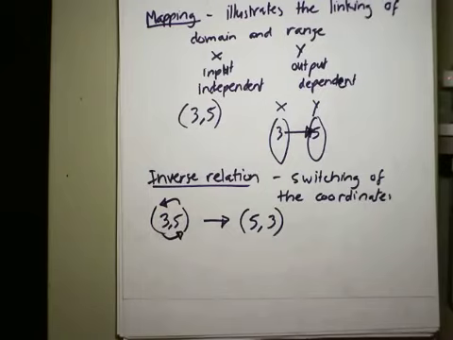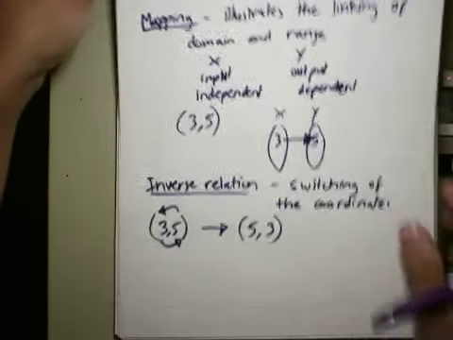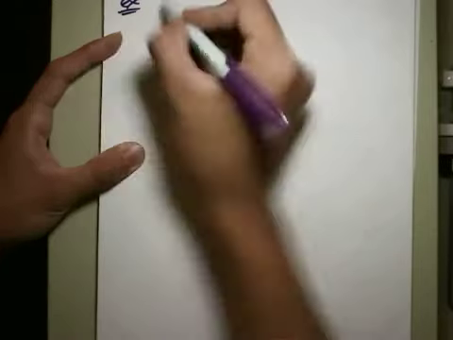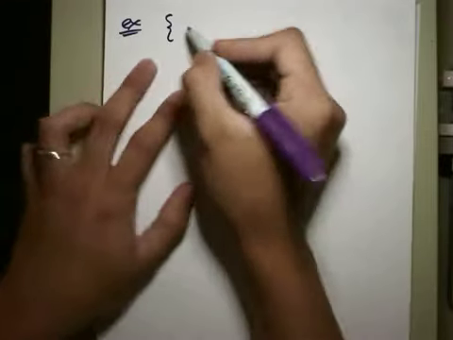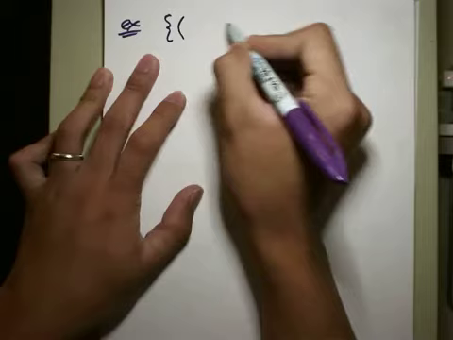So let's go through with a couple examples to show you what it should look like. Let me give you a relation, a set of ordered pairs. Imagine I have the following. Notice how I used the brace for a relation because it will contain more than one point inside.